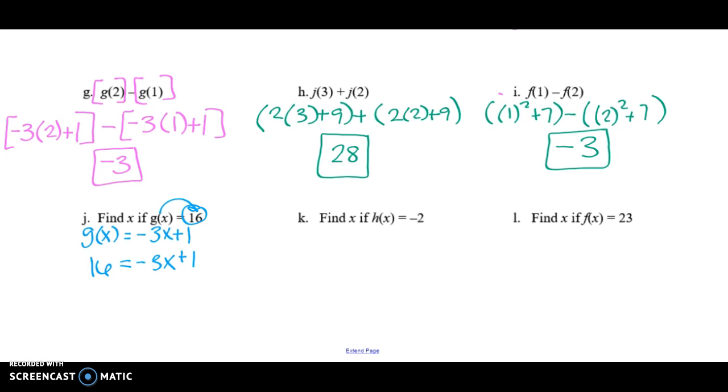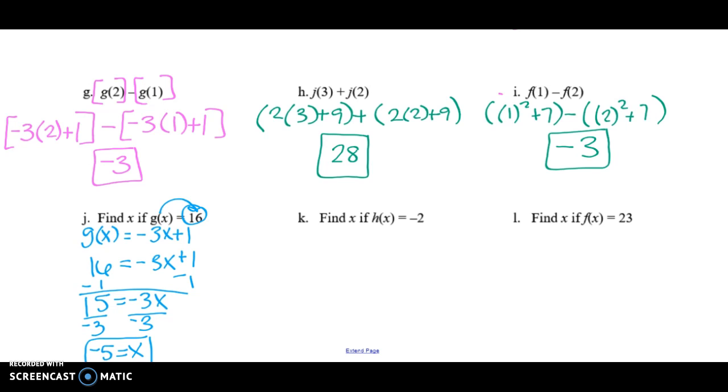So it's moving this 1 that's over here with the x. Opposite of adding is subtracting. And then using multiplication or division to get the x term alone. So we divide by negative 3. So negative 5 is equal to x.